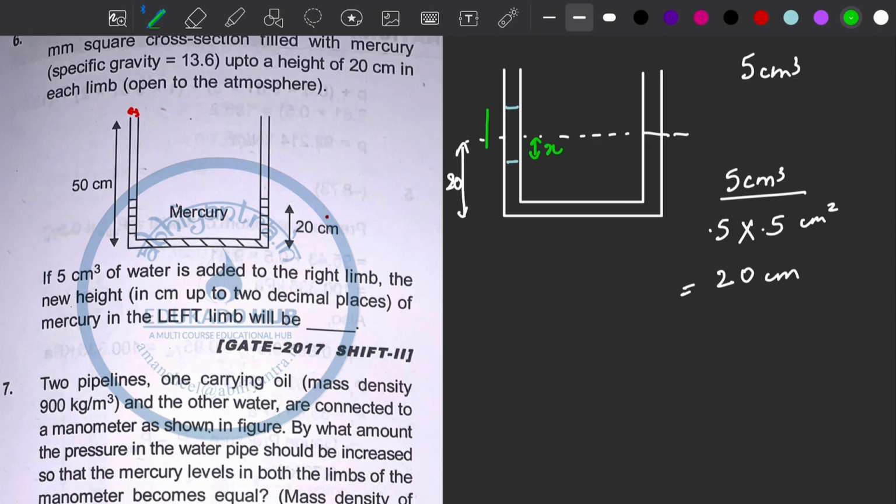So the total amount here will be 20 minus X. If the mercury level goes down by X amount, it will go up here by X amount. So the value here will be 20 plus X.